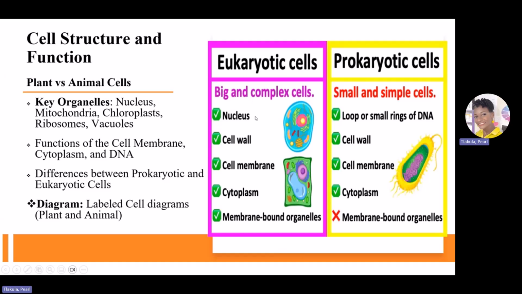They have the nucleus, the cell wall, the cell membrane, the cytoplasm, the membrane-bound organelles, while the prokaryotic cells are very small and simple. These are your bacteria, your microbes. And if you know the differences, you are good to go during the exam. And also know how to draw the diagram of the plant and the animal cells, and how to label it.